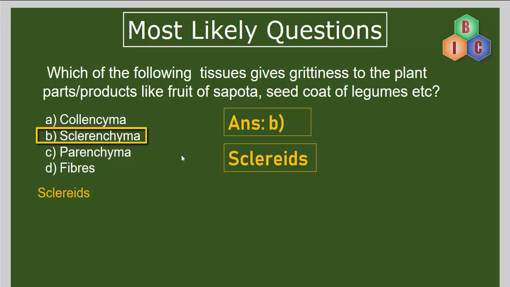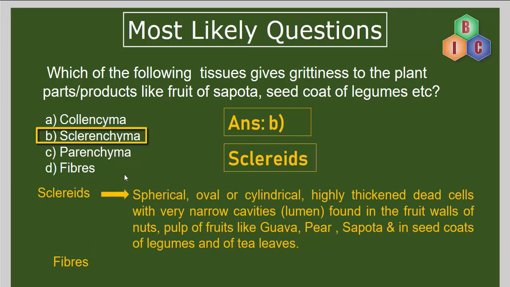So now let's understand a little more about the sclerites. As I already told you, sclerenchyma are of two types, namely the sclerites and the fibers. Now what are these sclerites? Sclerites are spherical, oval or cylindrical structures which are highly thickened dead cells with narrow cavities.